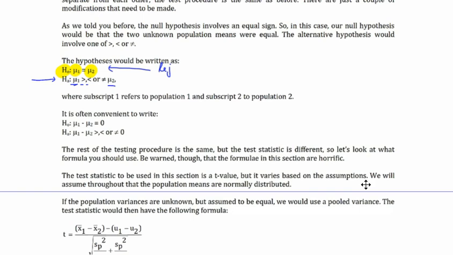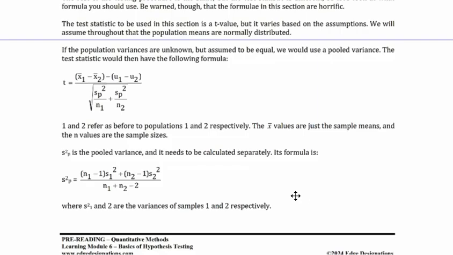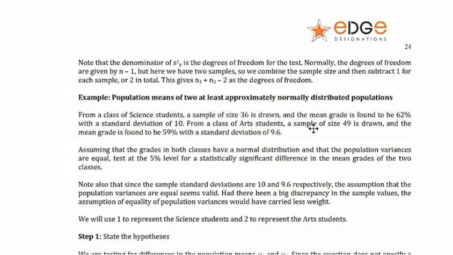They are different. I've got 2 means, and for example, just to make it a little bit easier to see, by way of example, let's have a look. From a class of science students, a sample size of 36 is drawn. Their mean mark is 62. Now we have a look over here.